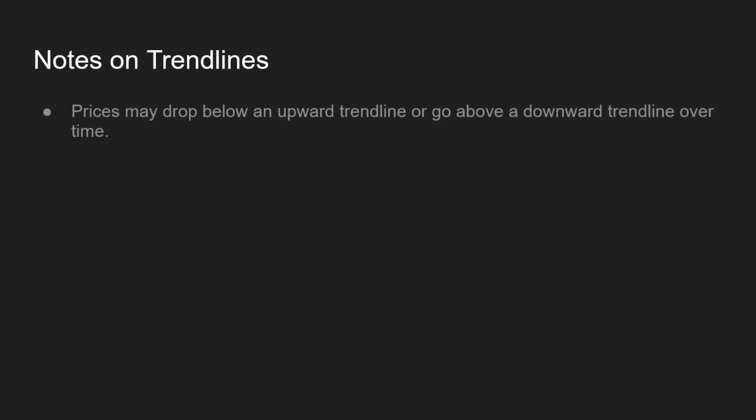So here are some notes on trend lines. Prices may drop below an upward trend line or go above a downward trend line over a period of time. These situations do not necessarily mean that the overall trend has changed. Just like what we saw in the Bitcoin example, we have to wait for confirmation. We can't say that it was an actual reversal of the trend because it failed to produce that higher high, right?